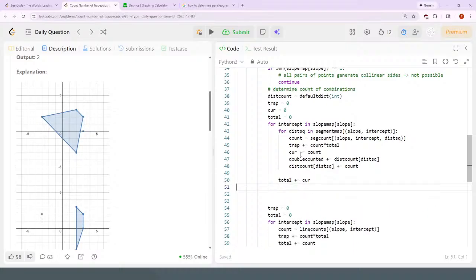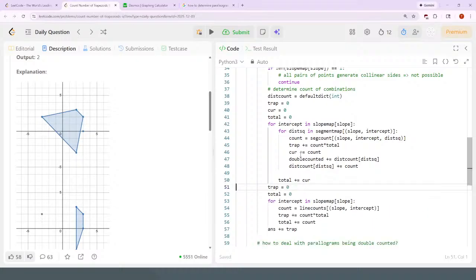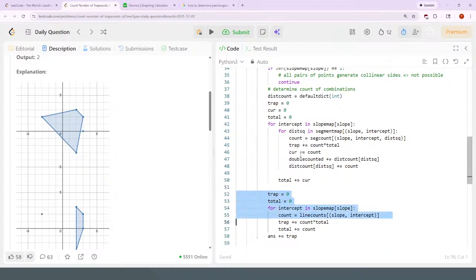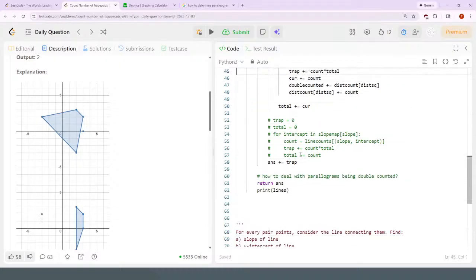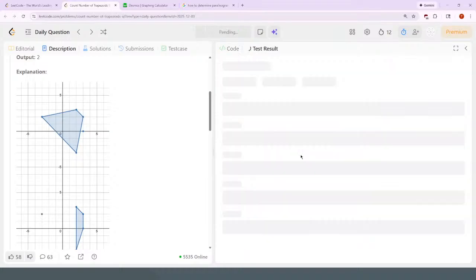Okay, I think here is old code. And this stuff is out of date. Okay, well, there goes nothing.